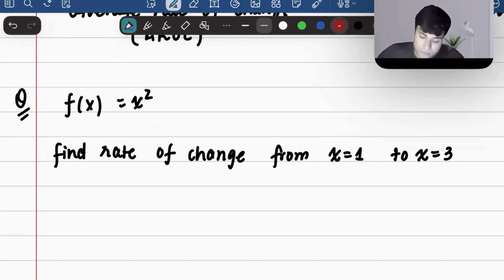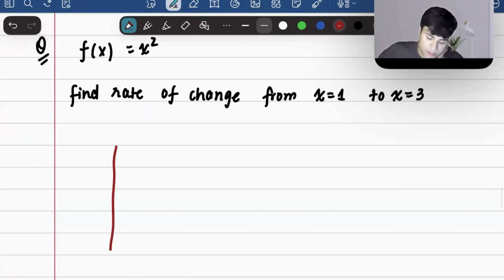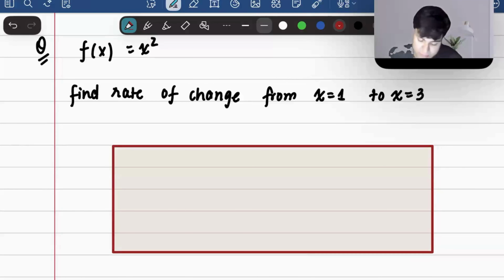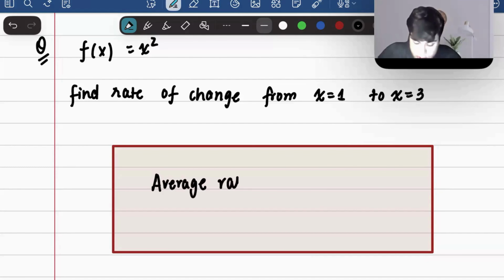First of all, we're going to discuss this box that we have here. There's something inside the box. We have the formula for average rate of change.